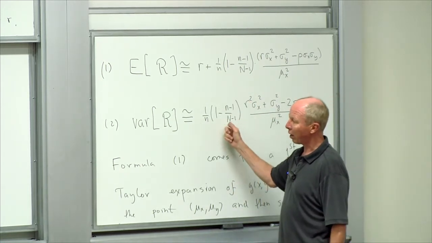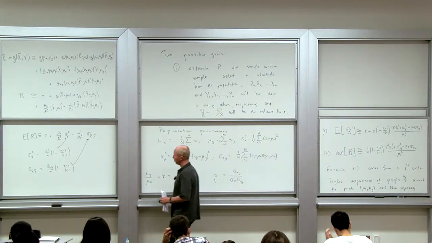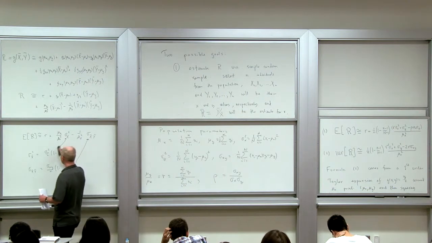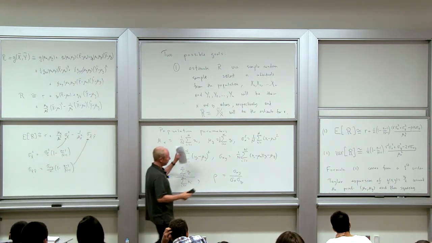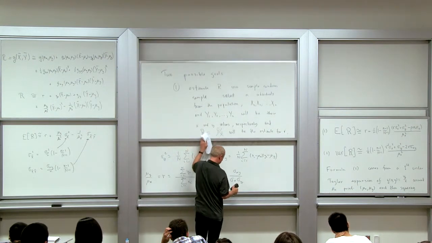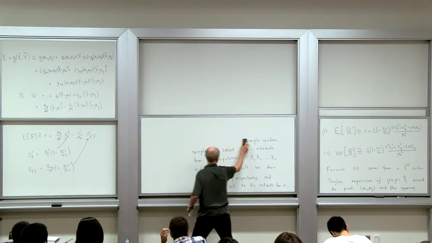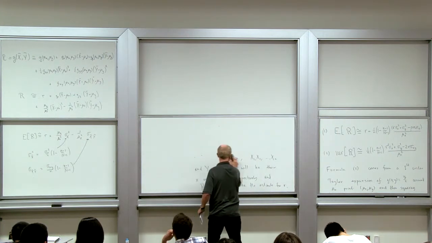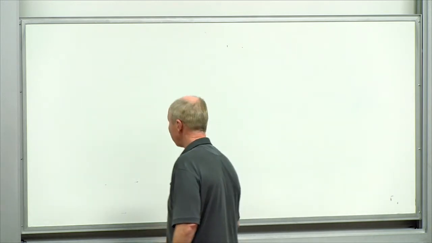And for the variance of R, we just use the, so this is using the second order Taylor expansion and then taking expected value. To get the variance of R, we just use the first order expansion.